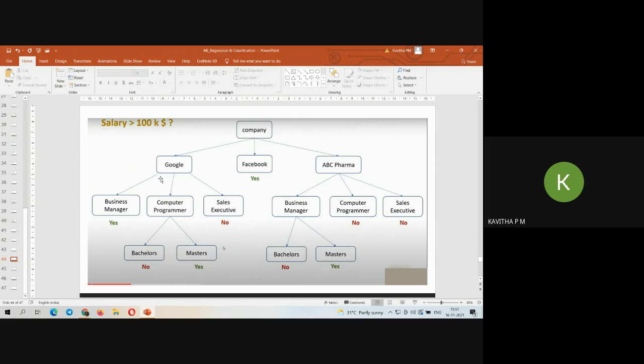Got it clear? Step by step, it will just move. It is not that in the starting stage itself it will act as a terminal node or decision node. Step by step, when the pointer moves to the next step, that point will act as either a decision node or terminal node. Fine?